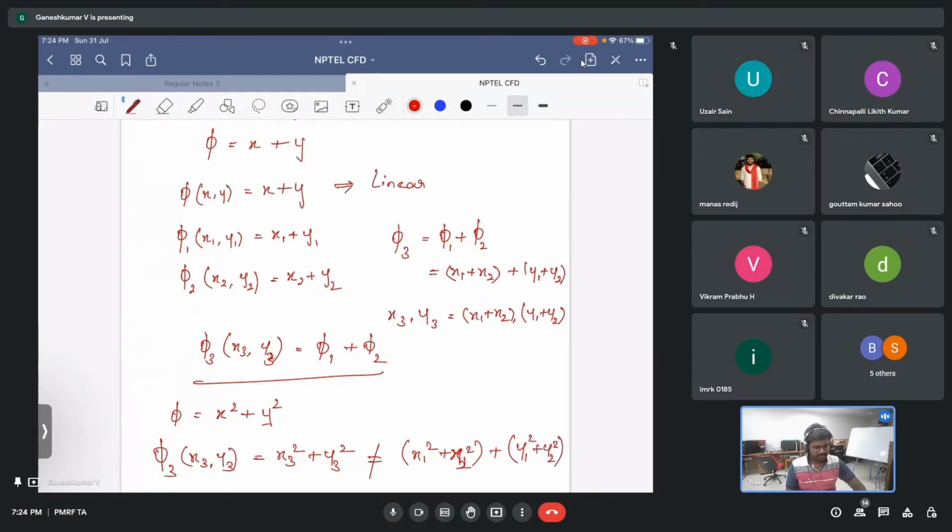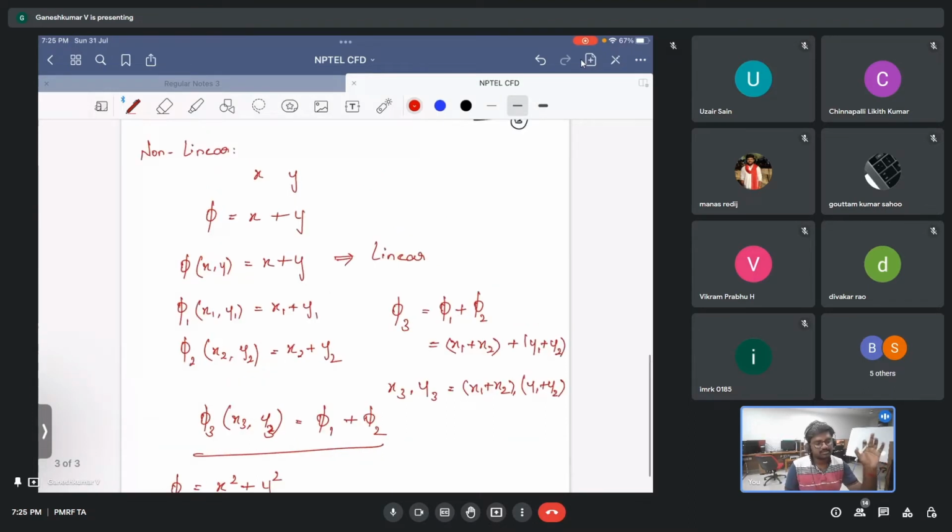This linear scaling you can't write, because the square term is there, which is a non-linearity. So you can go back and look at non-linearity. I'm giving only one example. There is one more condition which I'm not giving, leaving it as an exercise. So the linear scaling is not available.